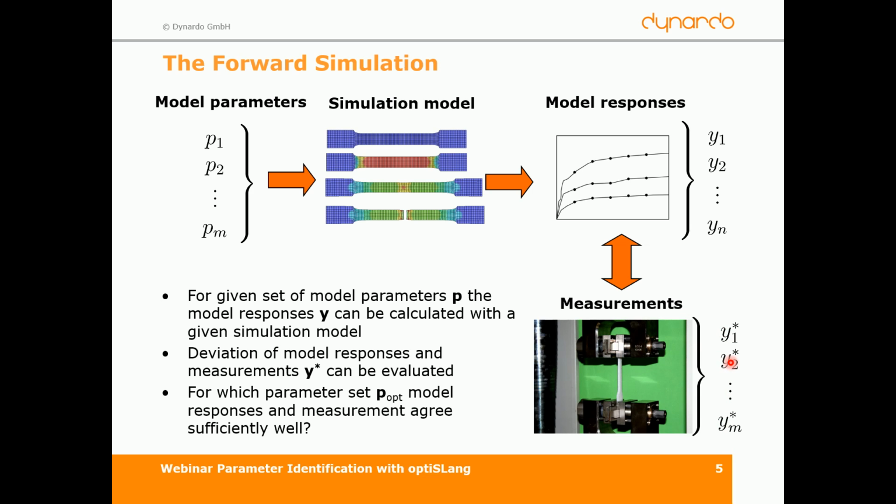The measurements y star 1 are given from the experimental setup, and these are constant during the whole identification procedure. But the model responses may change when we modify the model parameters, and the question is how we can obtain an optimal model parameter set which gives us the best agreement between these model response curves and measurement curves.